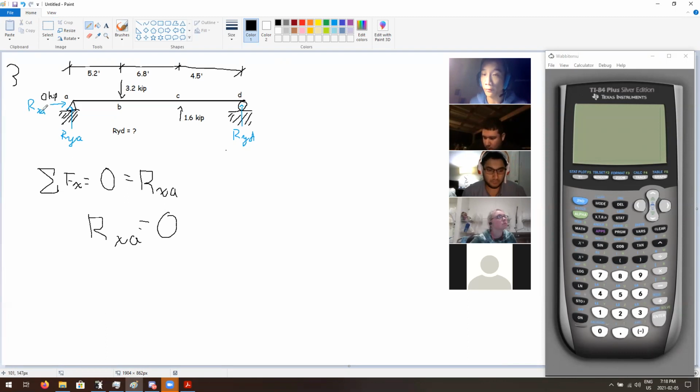Since this is the only force, it has to be 0, because if it's not 0, then the body would not be in equilibrium. So R x A is equal to 0 kip. Cool.